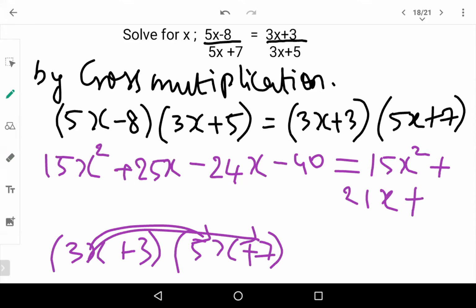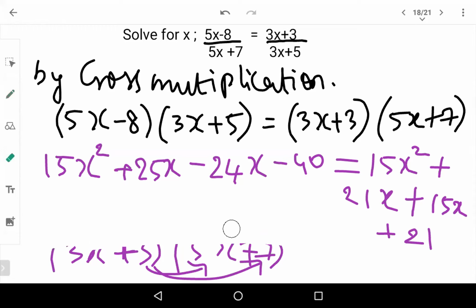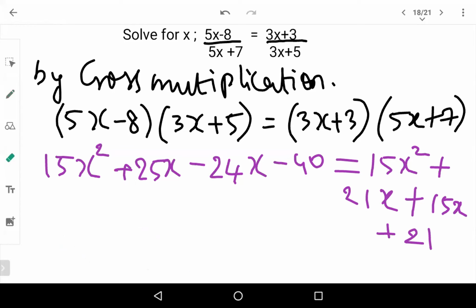Plus now 3 into 5x: 3 5s are 15x. Then the next step is 3 7s are 21, but both the signs are plus, so plus 21. This is gonna be your next step.